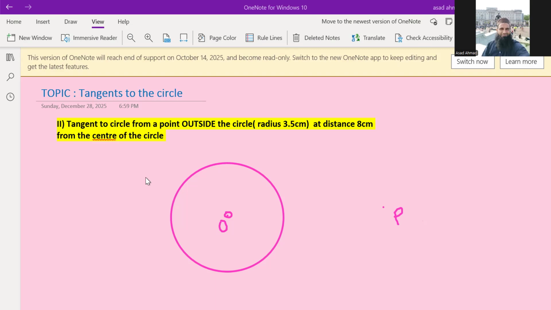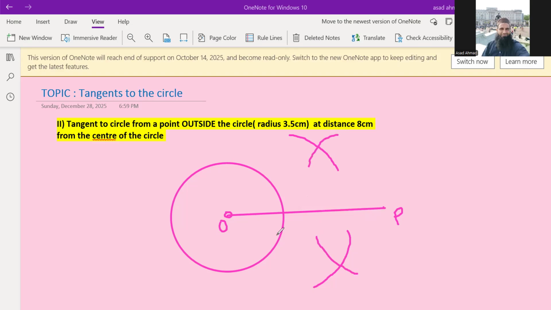In the very first step, you first join point O to P with a line segment like this one, and then taking O and P one by one as centers, we have to draw intersecting arcs. First arc by taking O as center, and then by taking P as center, we draw intersecting arcs.